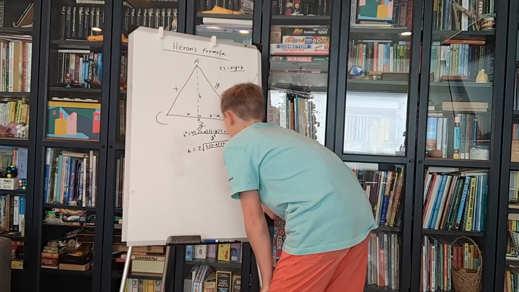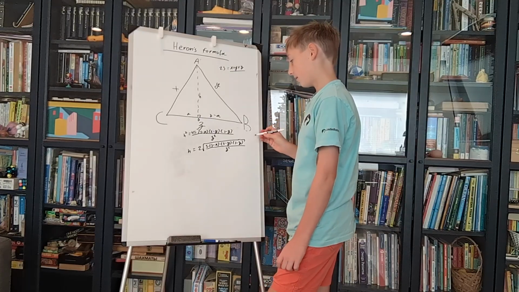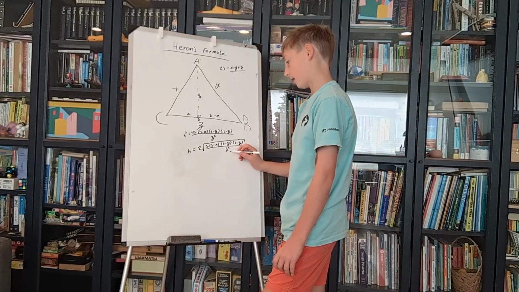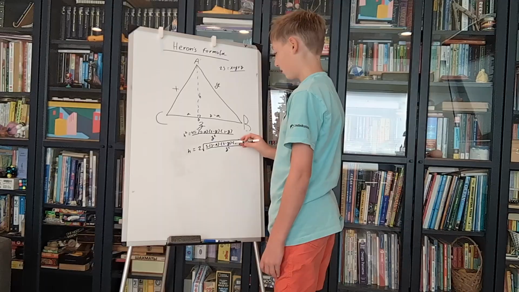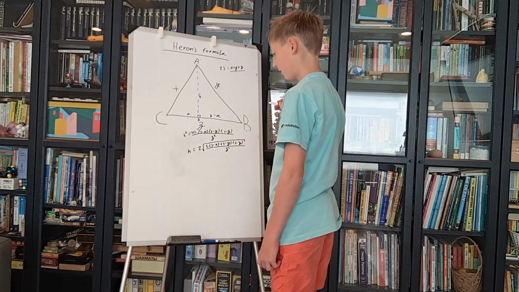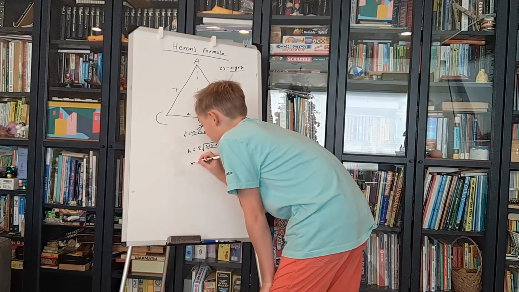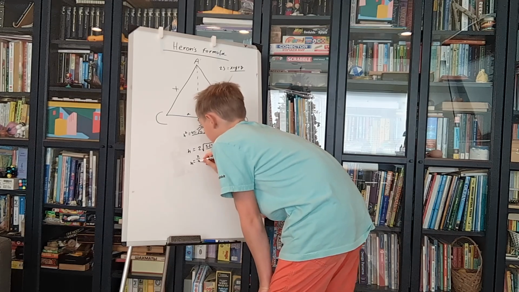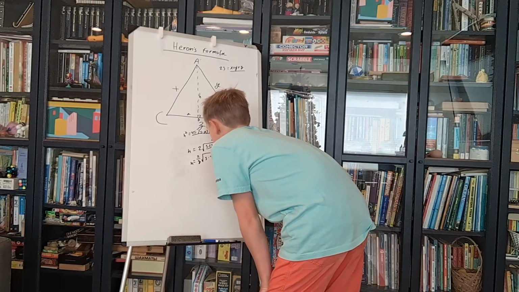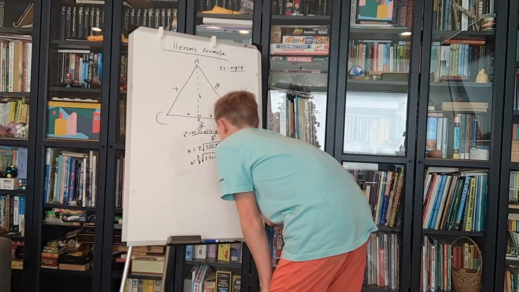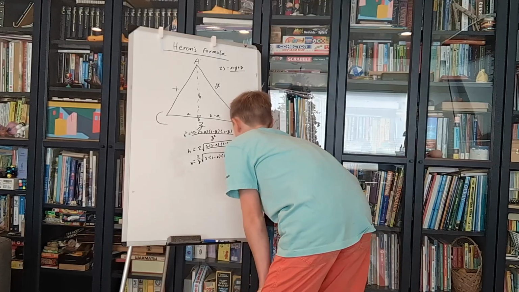Then all this is over z squared. So then we can take out the z squared. It will just be divided by z squared. So we can just take out 1 over z squared, and that'll be 1 over z. So then h is equal to 2 over z, and the root of s times s minus x times s minus y times s minus c.